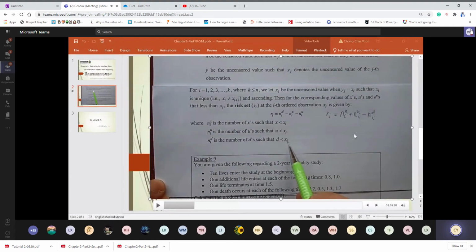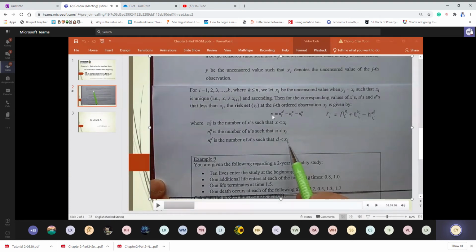Okay, you get it? Now, if the problem involves observations at the beginning, you can use this method to solve, or the previous method also works. Both can solve. So I try to introduce another method.